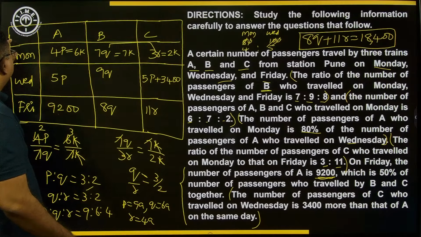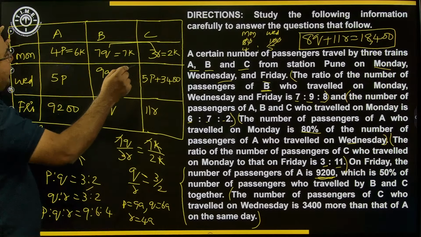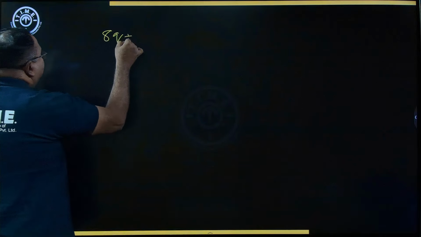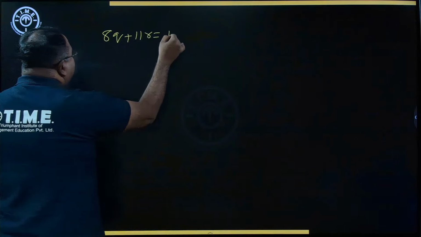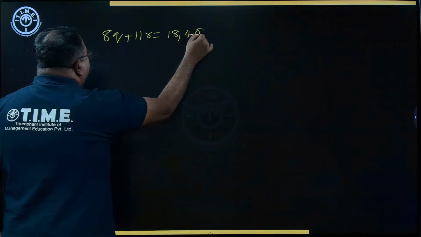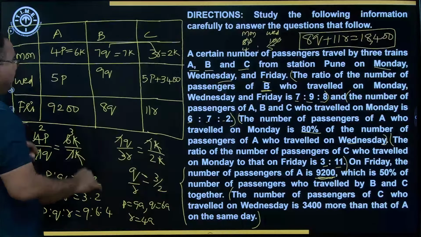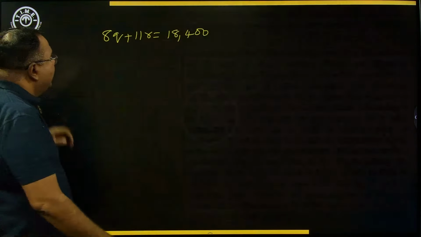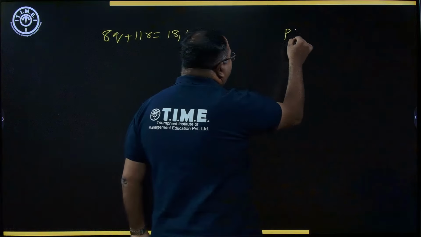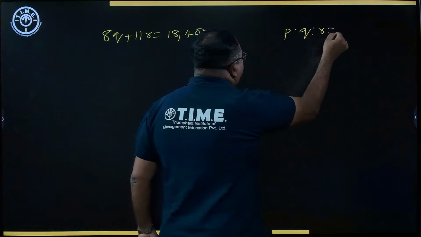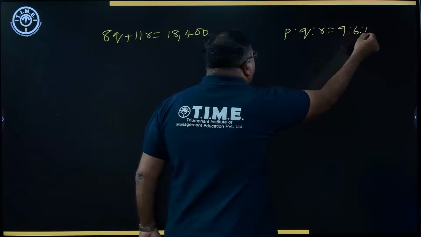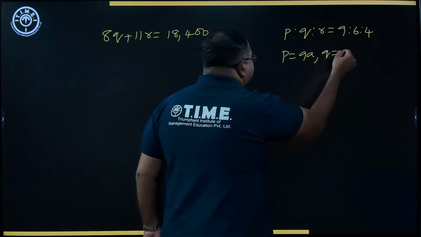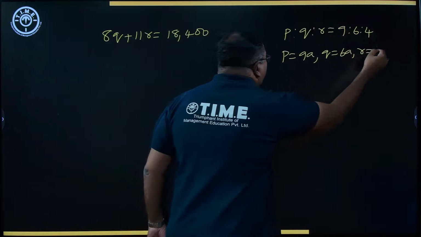So I'm copying this data on the next page. 8Q plus 11R is 18,400. Right? Then we have P is to Q is to R, 9 is to 6:4. So P is equal to 9A, Q is equal to 6A, R is equal to 4A.